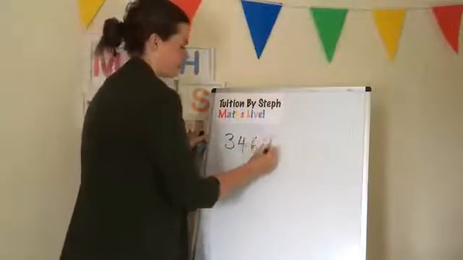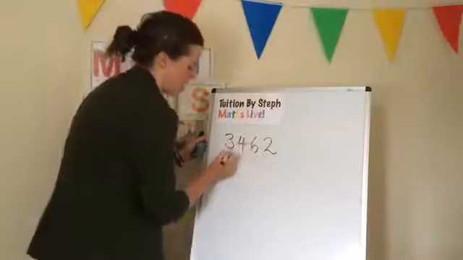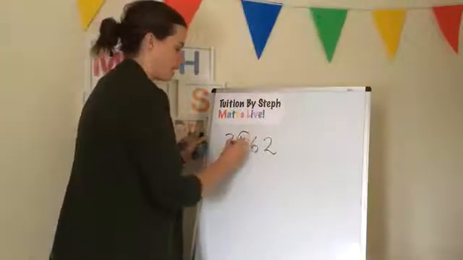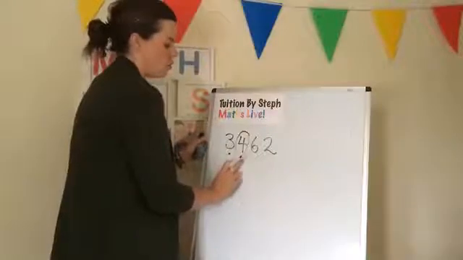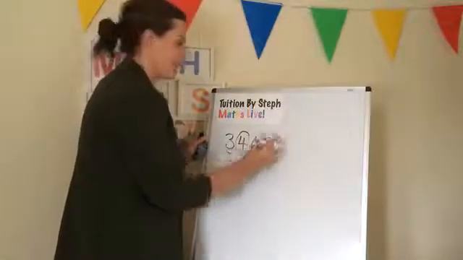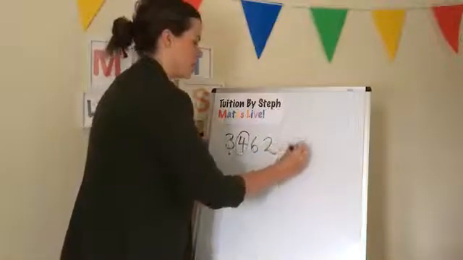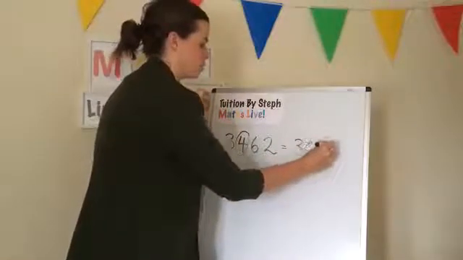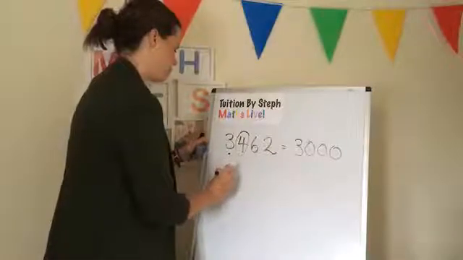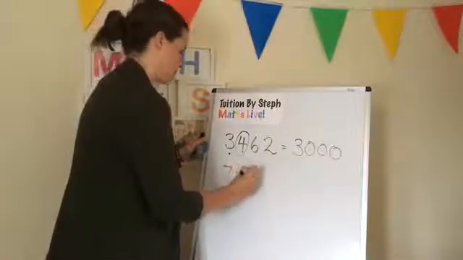3,462. The 3 is the thousands digit, and the 4 tells us what to do. 4 tells us to stick or round down, so we stay in the thousands digit that we're in, which is 3,000. Okay, different number, 7,692.